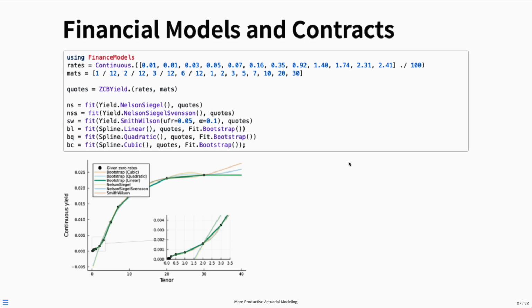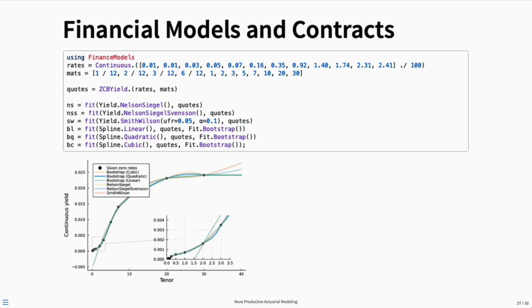So you can see some of the available yield curve functions or splines or Nelson-Siegel or Siegel-Svensson or Smith-Wilson, and each one of those is fitting the same set of rates in a different way, and you can see that in the plot of what those different curves look like.